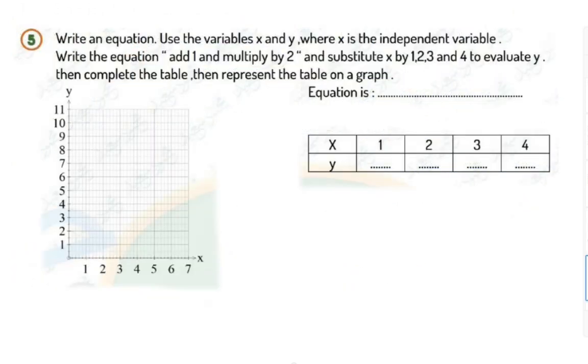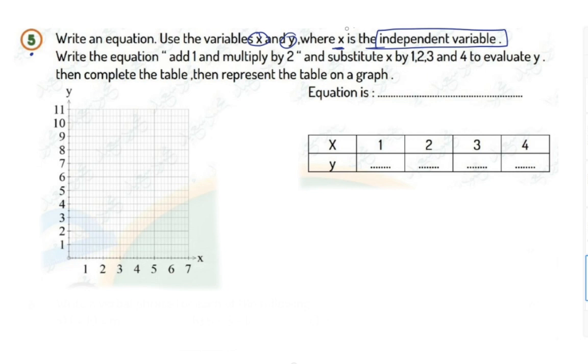The third question is to answer the following. First question, point 5, write an equation. This asks us to write an equation using the variables x and y, where x is the independent variable.